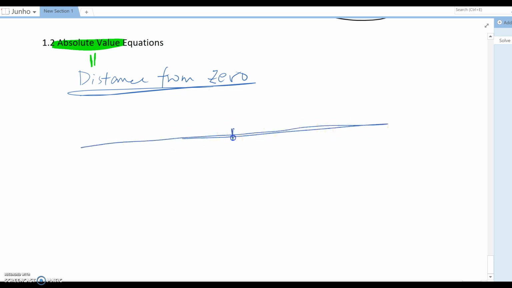On the number line, we just put 0 here. 1, 2, 3, 4. So negative 1, negative 2, negative 3, negative 4. We can say 1 is 1 unit away from the 0.